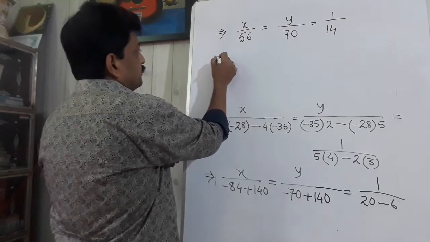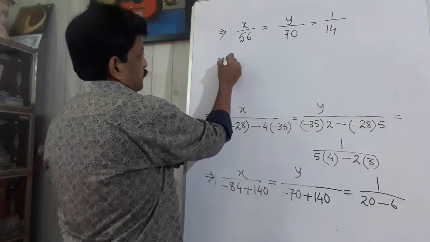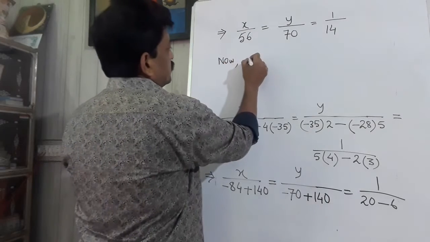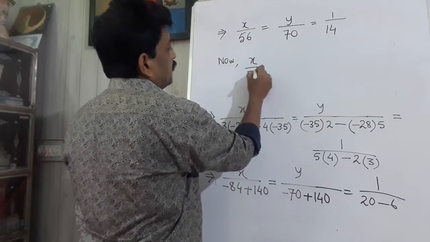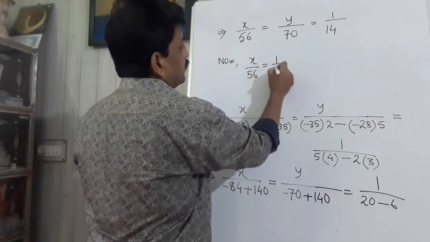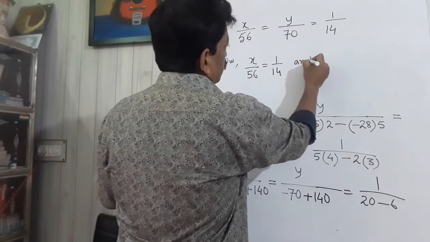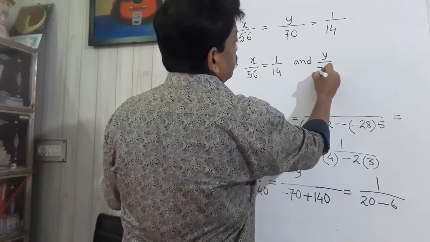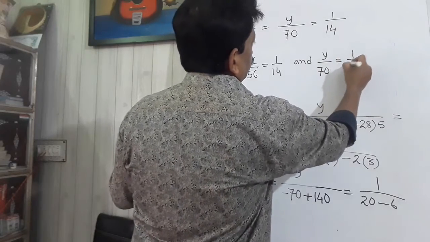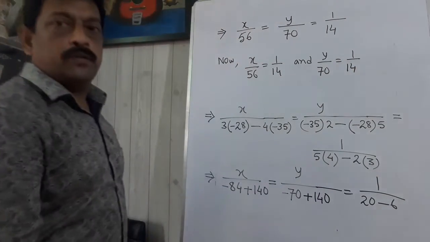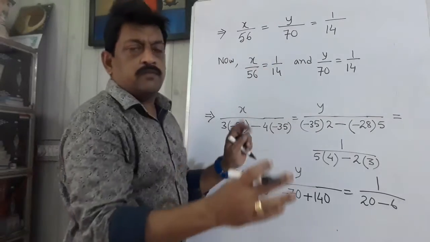Now we can write x upon 56 equals 1 upon 14, and y upon 70 equals 1 upon 14. I have separated x and y.